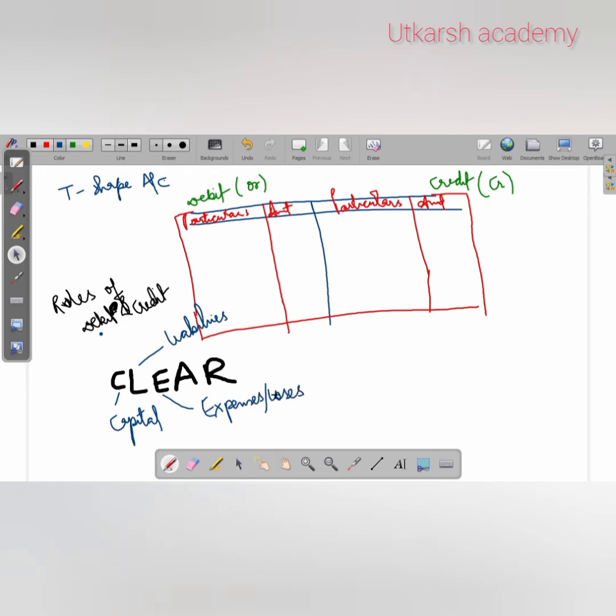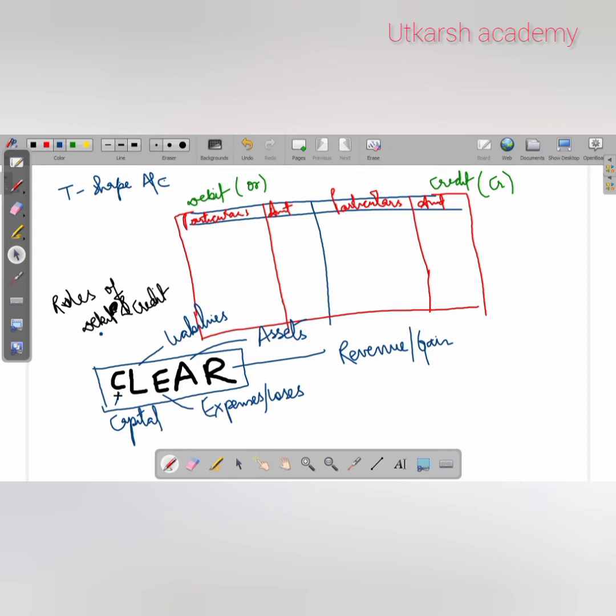A stands for assets. R stands for revenue or gains. Okay, just remember this mnemonic. Hope it is not very hard to remember this clear word. Write or note it down on your note copy. Clear. C for capital, L for liabilities, E for expenses, A for assets, and R for revenue.